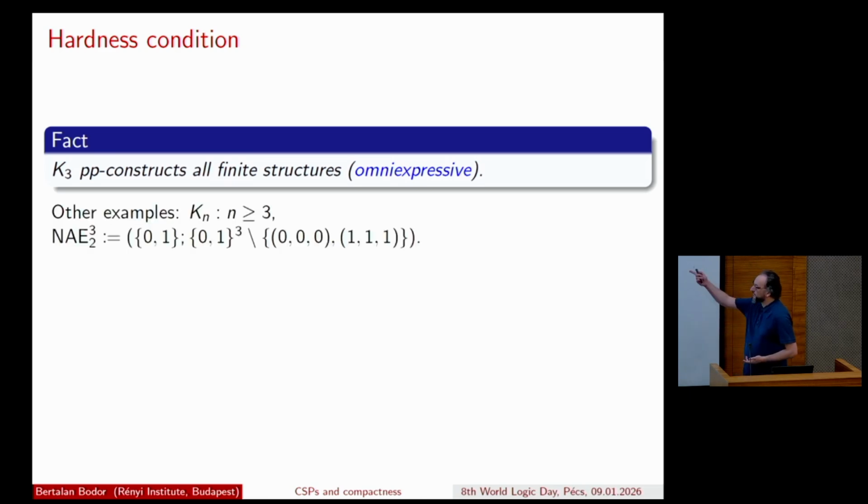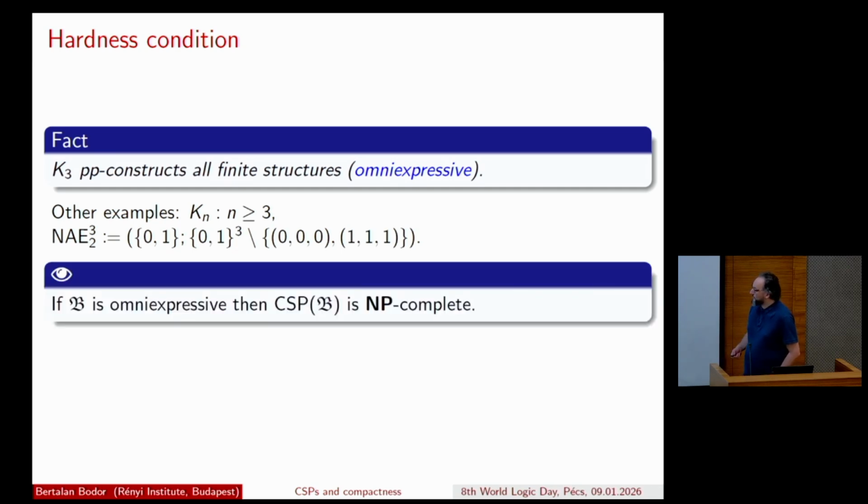For instance, all cliques, and there's also this Boolean ternary not-all-equal relation, which basically corresponds to hypergraph colorings. And from what I said, it already follows that if a structure is omni-expressive, then the CSP is hard, because three-coloring is hard.